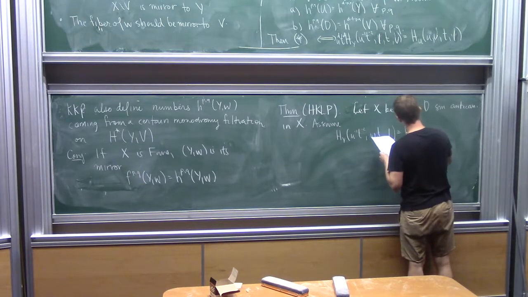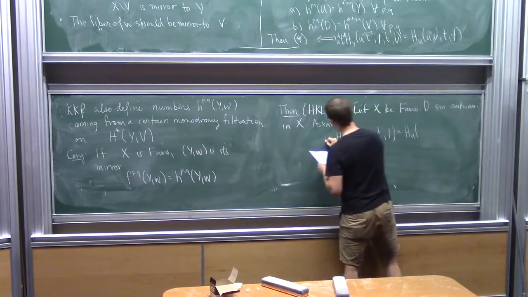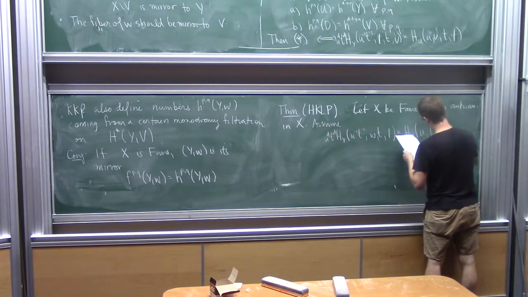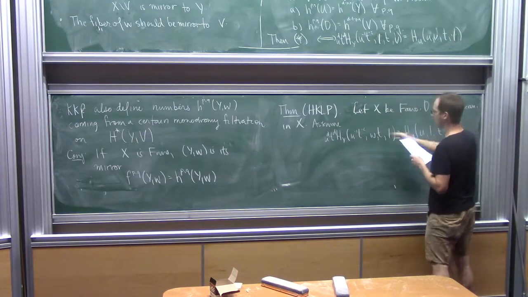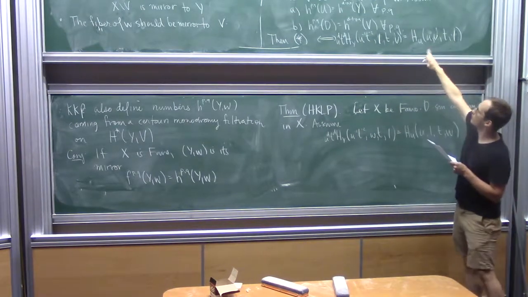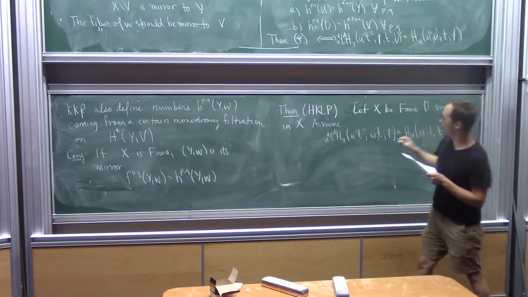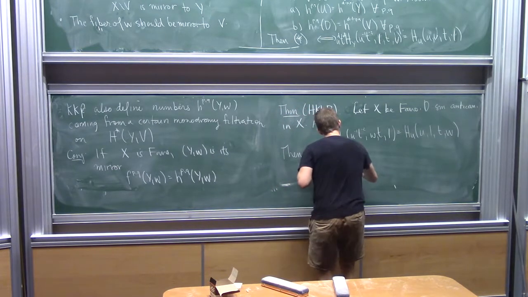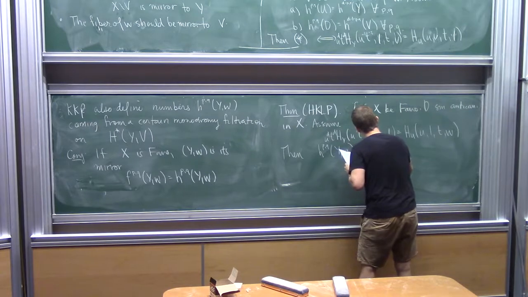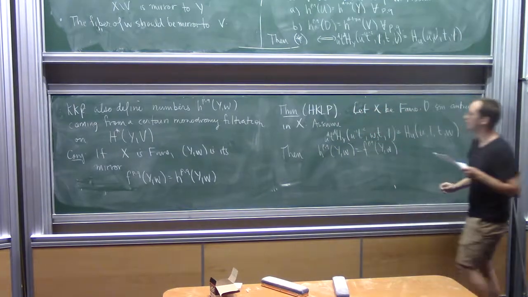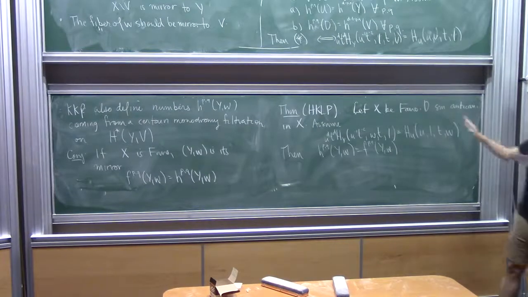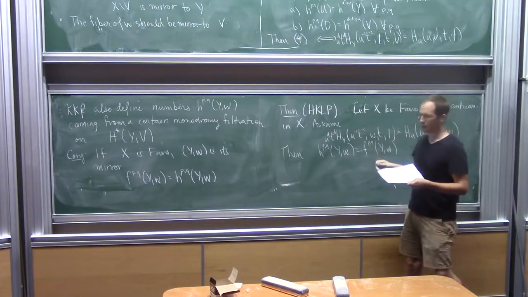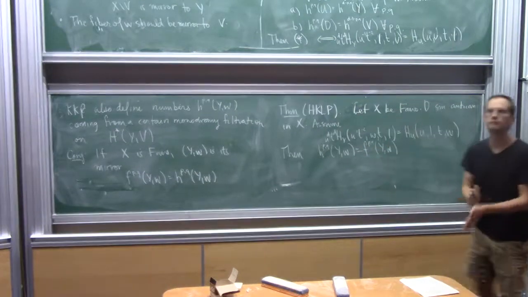This is equal to H(U, D, D, W). So let's assume. Sorry, this was wrong. I wrote this down wrong. So this is exactly what was before. Then h^{p,q}(Y, W) is equal to f^{p,q}(Y, W). Okay, so if it's Fano, if this is true, so half of this conjecture over here is true, then we have that the h^{p,q}s are equal to the f^{p,q}s. Okay, so that's it. Thank you.